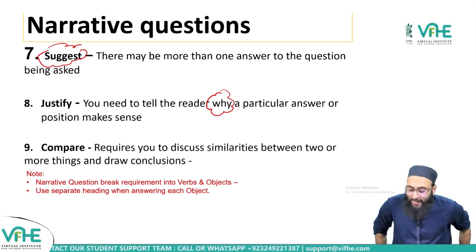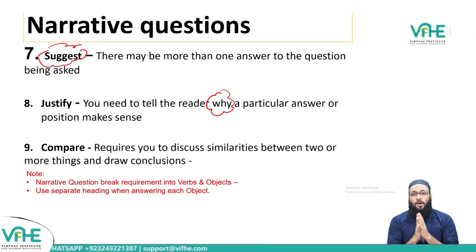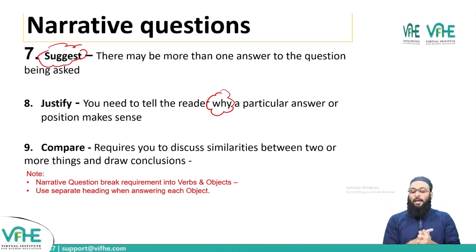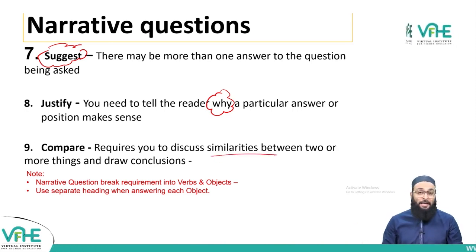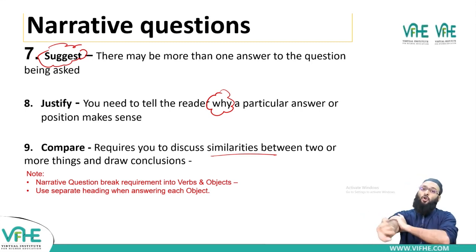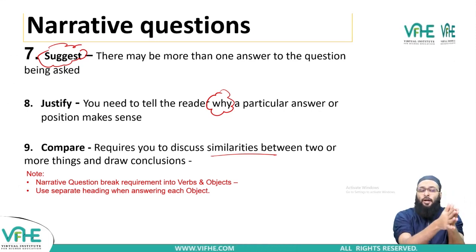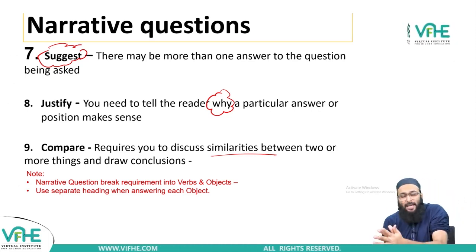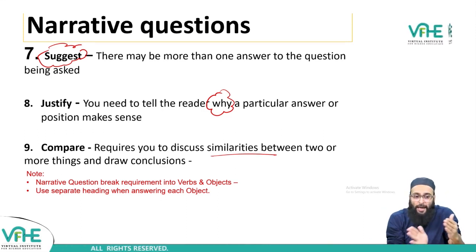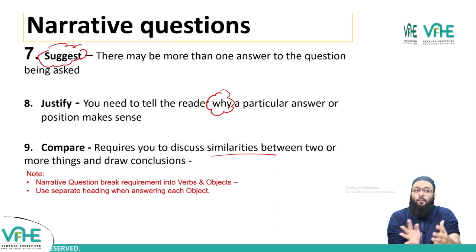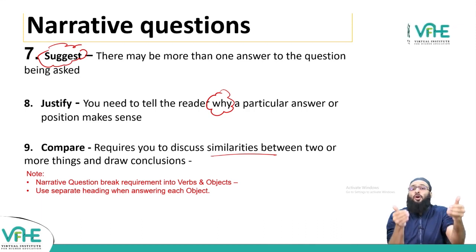Similarly, coming to the last one, compare. Compare activity-based costing with absorption costing. In comparison, we discuss the similarities and differences between two or more things, and draw conclusions. So if the question says compare the cost per unit calculated using absorption costing with ABC costing, you would say the overheads are the same for both, but the difference comes where they use cost drivers.